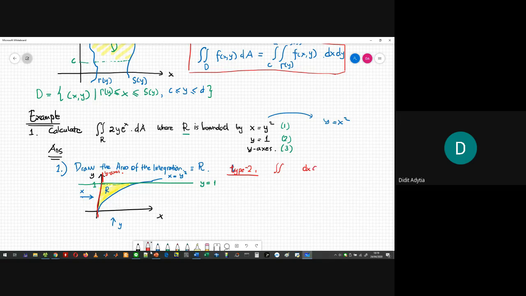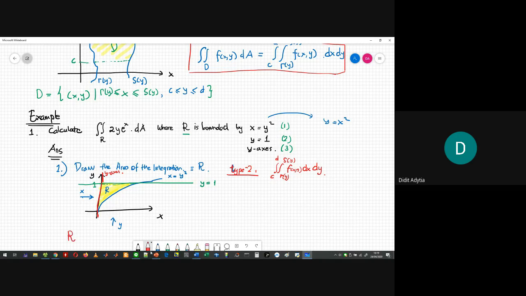Type 2 itu adalah integralnya apa? Dx dulu, baru dy. Okay. And then this one, it should be, this in fxy. And this one, it should be apa? Harus fungsi dari y. R fungsi dari Y sampai S fungsi dari Y. And then Y-nya adalah dari C ke D. Okay. Now, what is actually this R?